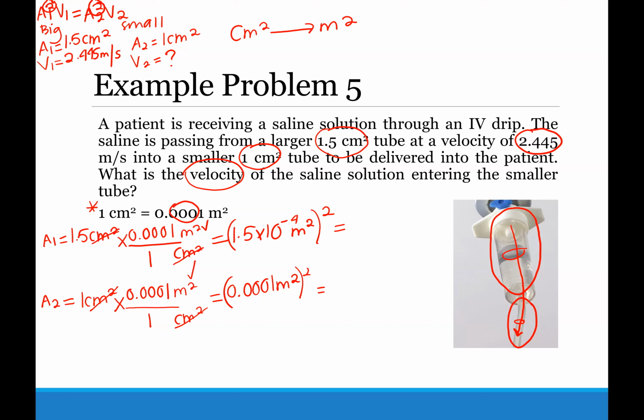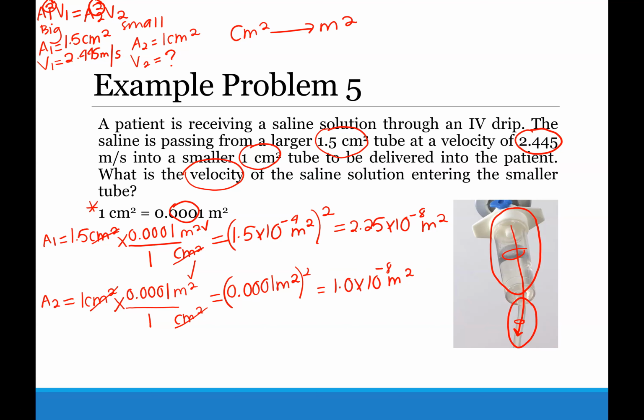So open parentheses, 1.5 E to the minus 4 close parentheses squared is 2.25 times 10 to the minus 8th meters squared. And then 0.0001 squared equals 1.0 times 10 to the minus 8th meters squared.